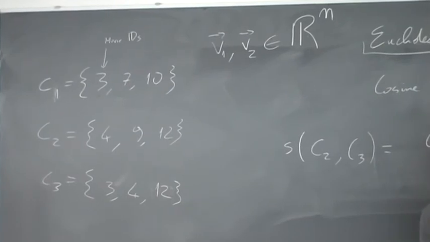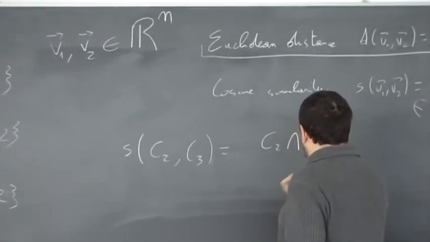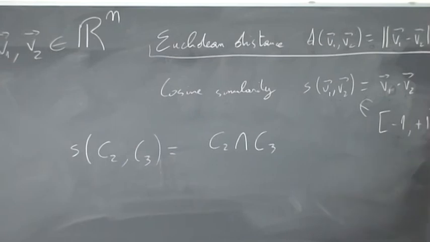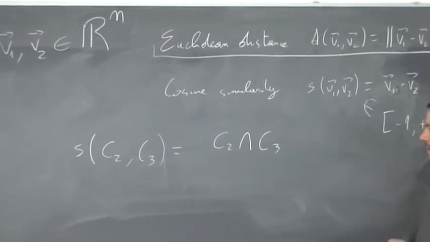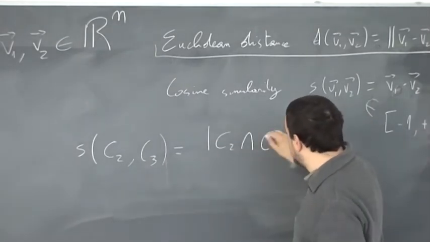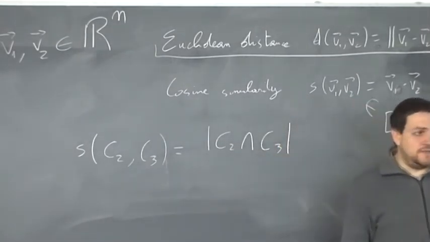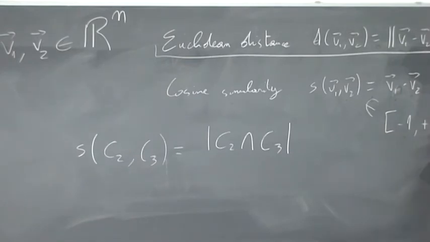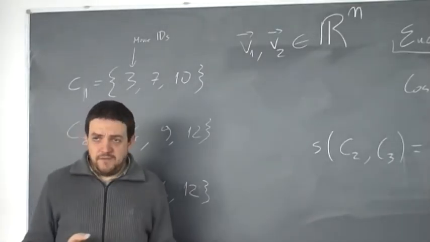You just compute the intersection between the two sets. Of course, you're not interested in the particular items, but just the number of items, so you take the cardinality, the number of elements in the intersection. Actually, this is not enough.